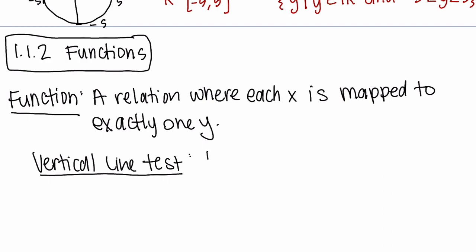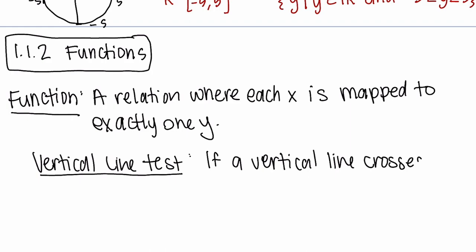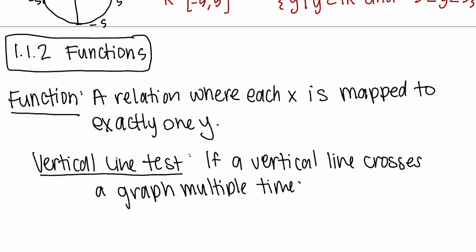Yeah, exactly. So if a vertical line crosses a graph multiple times, it is not a function. Or you could also say that a vertical line crosses the graph exactly one time.